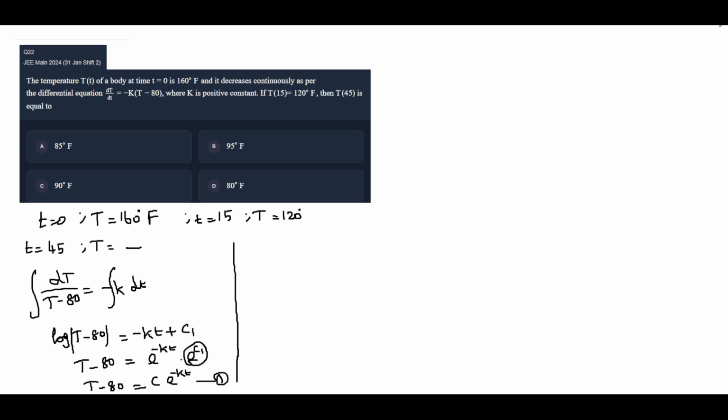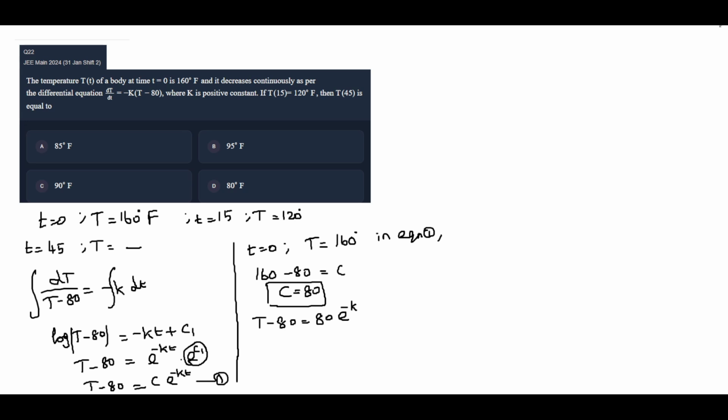Now using the given information t equal to 0 and capital T equal to 160 degree in equation 1, so 160 minus 80 is equal to c, so c equal to 80. Now replace the value of c in 1, so T minus 80 equal to 80 into e power minus kt.